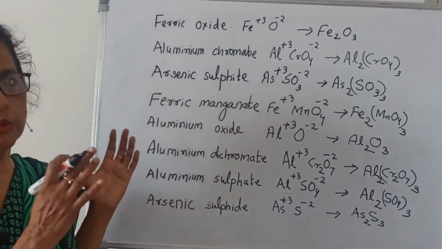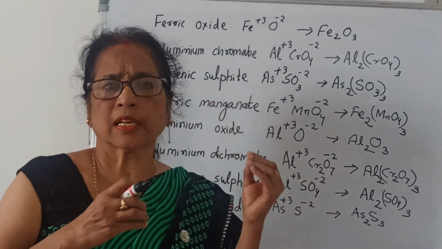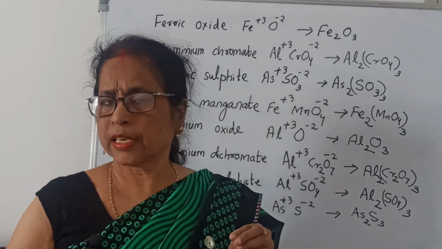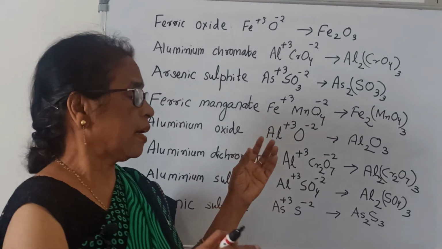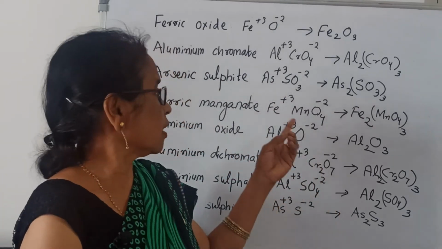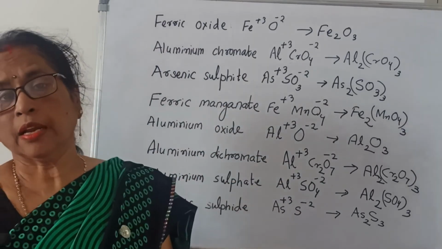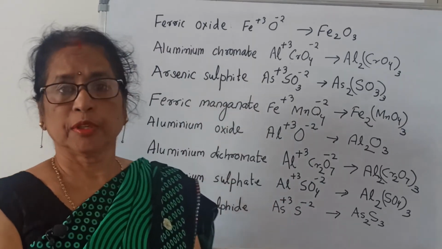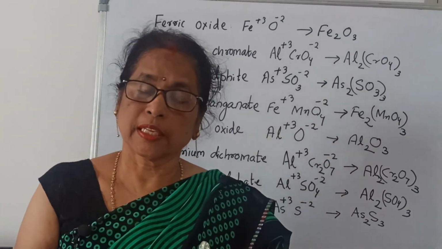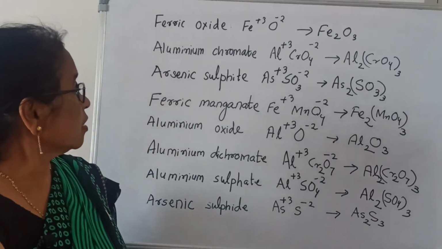So here what are you doing? The cation having plus 3 charge goes to the acid radical, or you can say anion. And the anion, that 2 negative charge, goes to any trivalent cation, either aluminium plus 3, Fe plus 3, As plus 3, Bi plus 3.